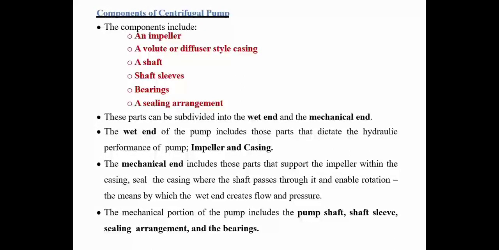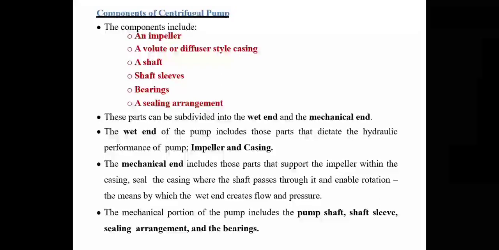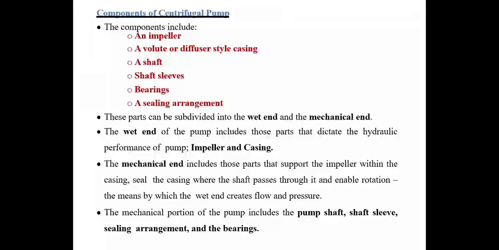So impeller is the rotating part. It consists of some blades. The energy to the water is imparted by using this impeller, and the casing is the closed or stationary part of the particular centrifugal pump. And there is a shaft, sleeves, bearing, and a sealing arrangement. All four, shaft sleeve, bearing, and sealing arrangement, come under the mechanical end.